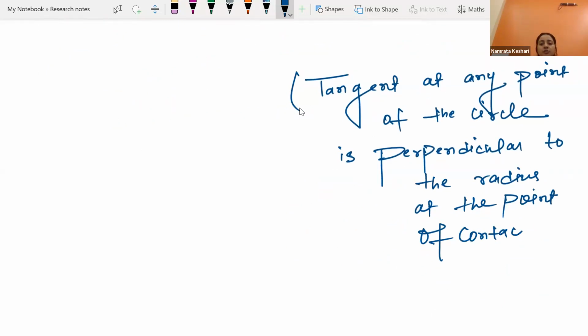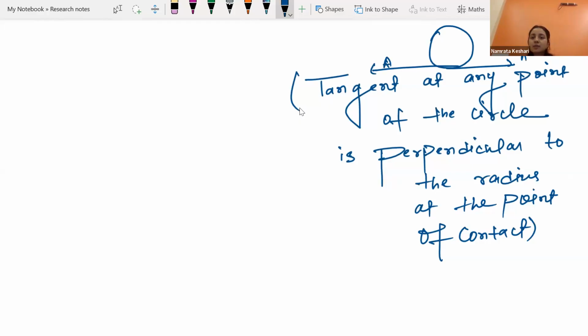Forget about the previous story, whatever assumption we have taken, just keep it aside for a while. We have a circle, and we have the same tangent AB.